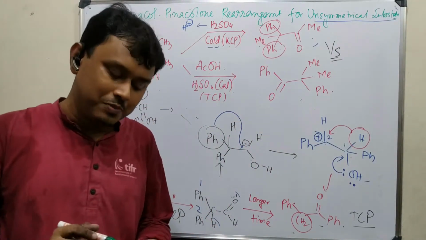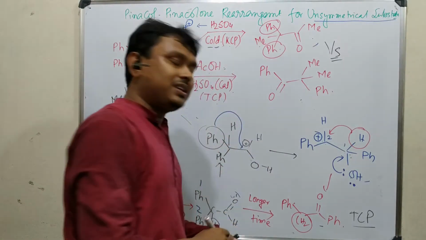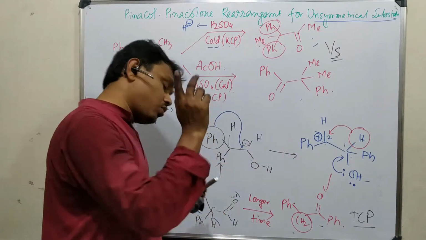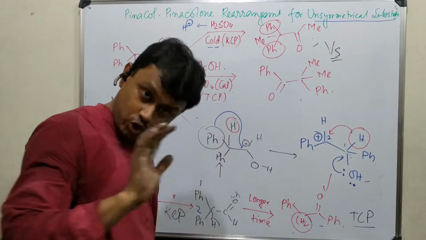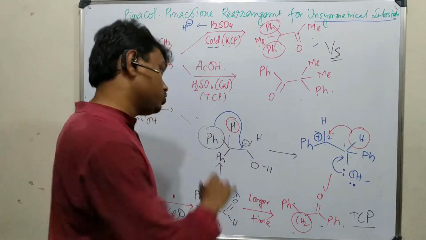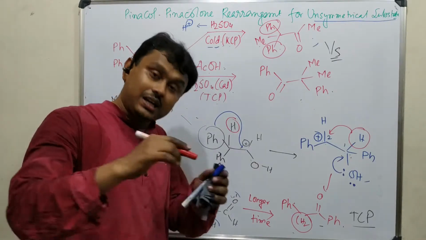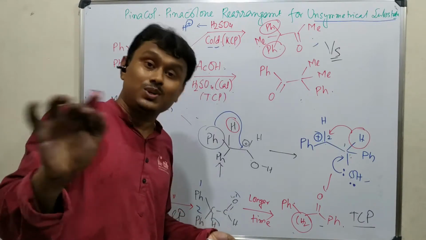Now you may ask why in the first case phenyl is migrating and in the second case hydride. I am repeating the explanation: if hydride migrates in the first case, it will migrate, I am not saying it will not, but that will result in the same product. So effectively, from our point of view, we are not getting anything new, but the reaction is happening.